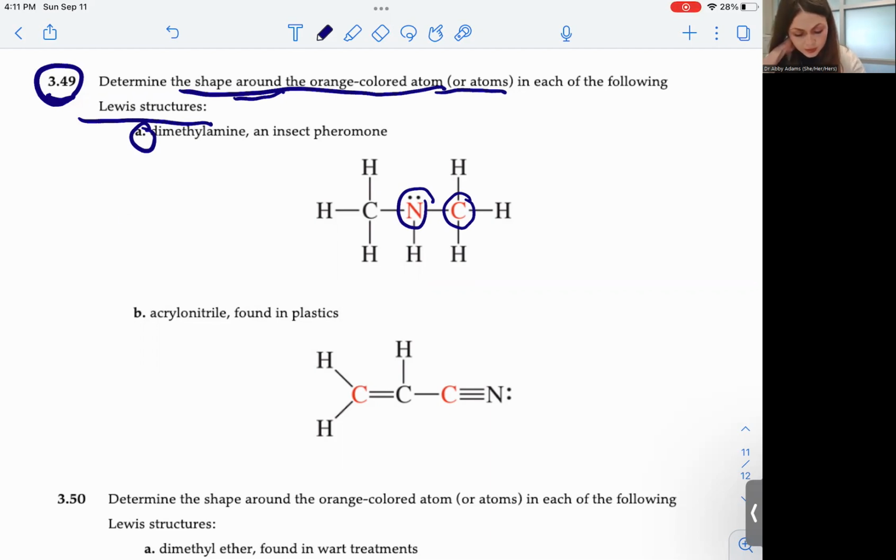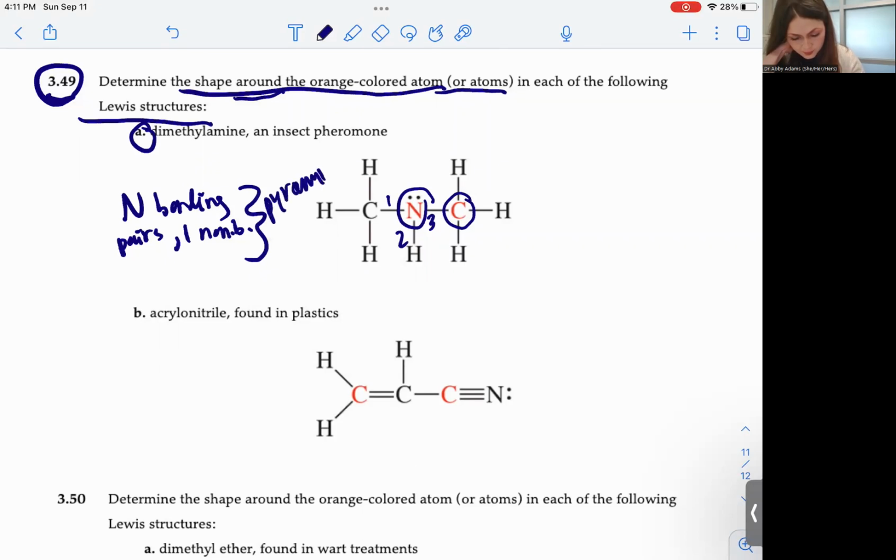So the nitrogen has 1, 2, 3 bonding pairs, and 1 non-bonding. All right, so that is going to be pyramidal.